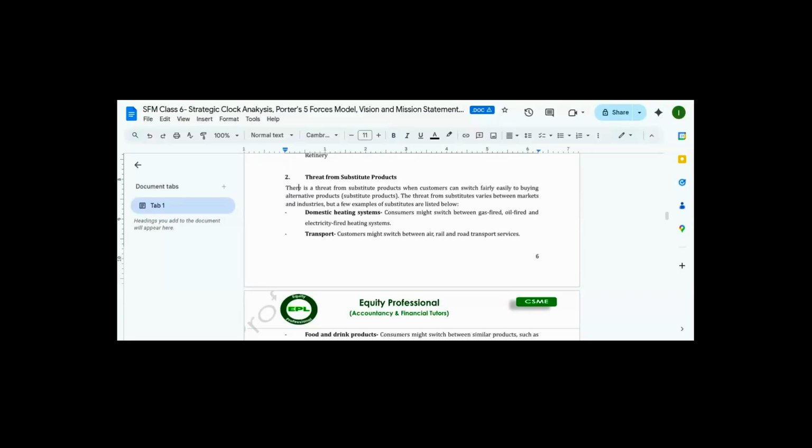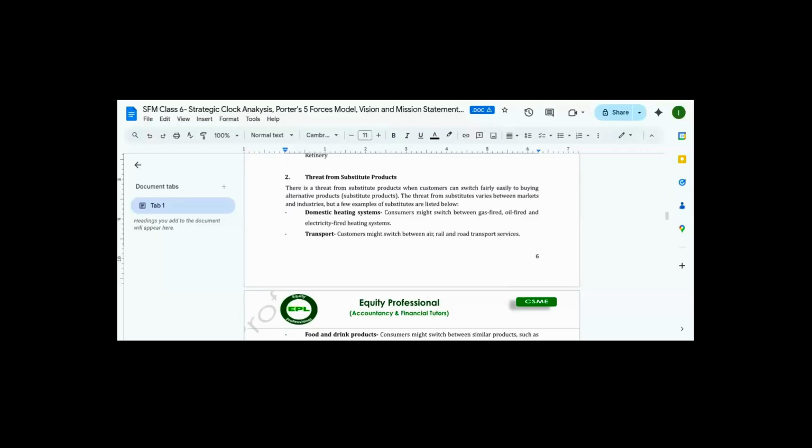It is frustrating. It causes internal threats and market disequilibrium. He said there is a threat from substitute products when consumers can switch fairly easily to buying alternative products.